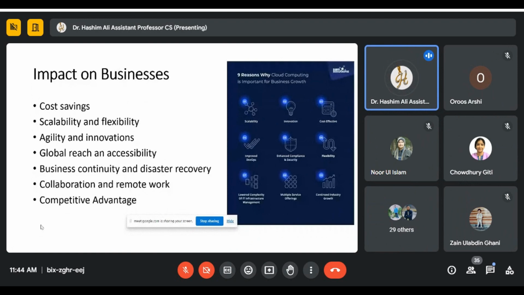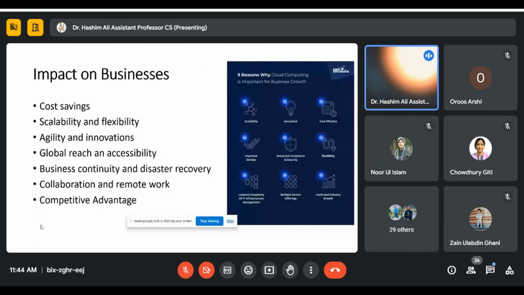Other impacts on businesses can be enhanced compliance and security. Obviously, you've got scalability, so businesses are also looking at whether they can scale out, scale up, or scale down.